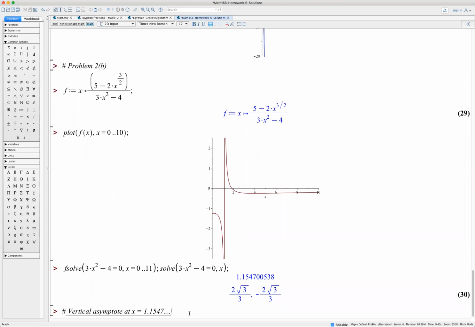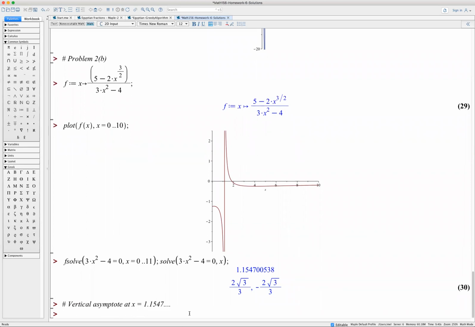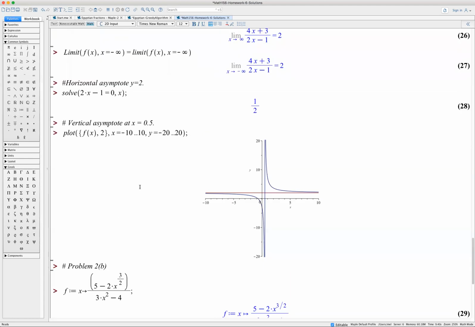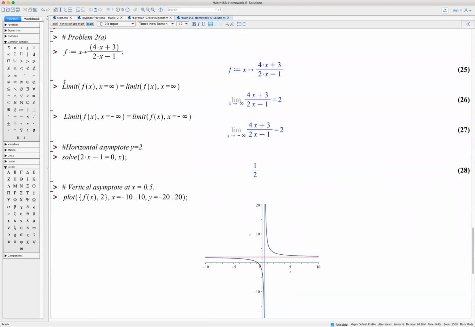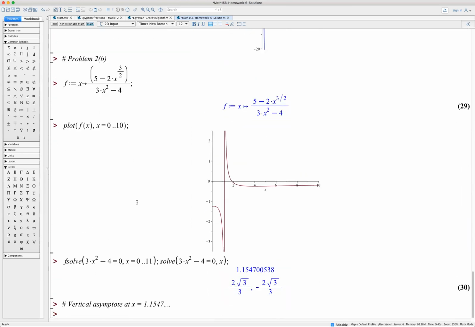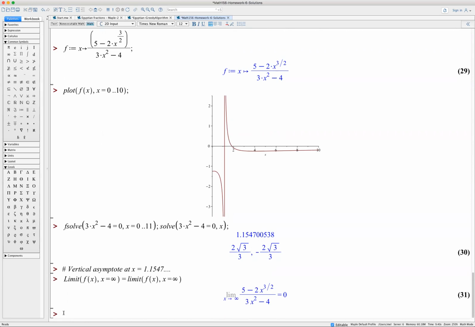And to find a horizontal asymptote, we take the limit as x goes to plus infinity, and this function is going to 0.